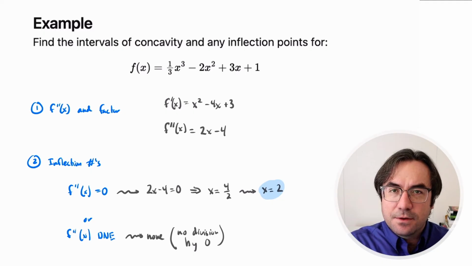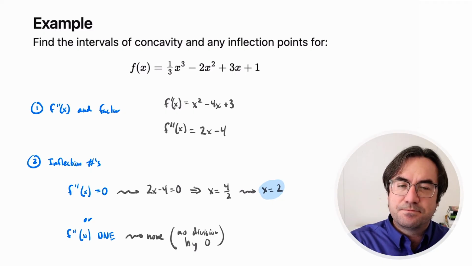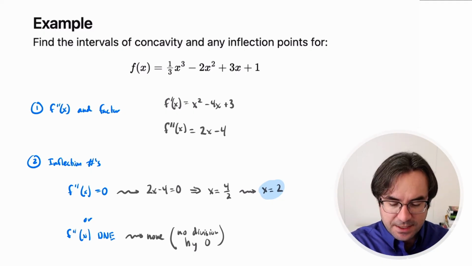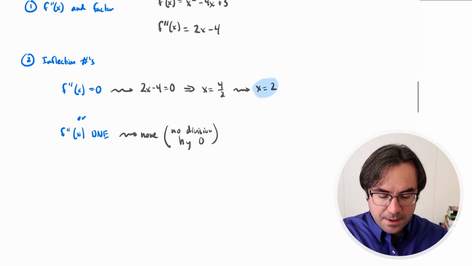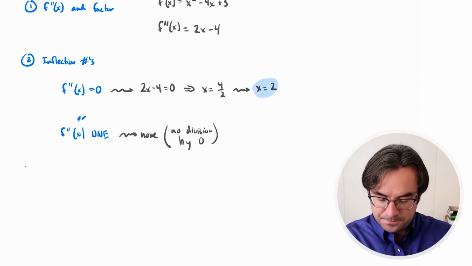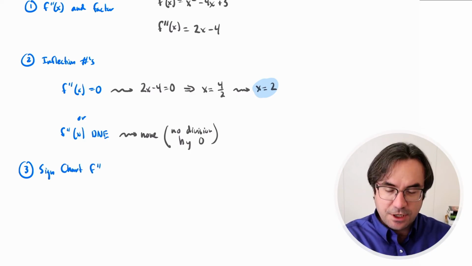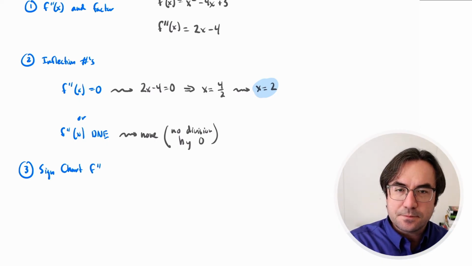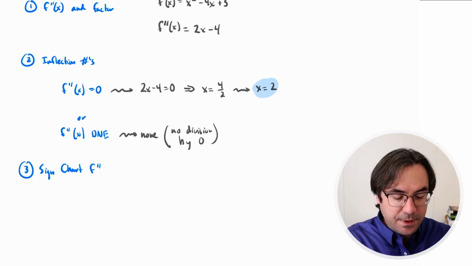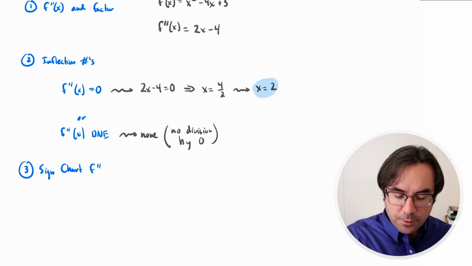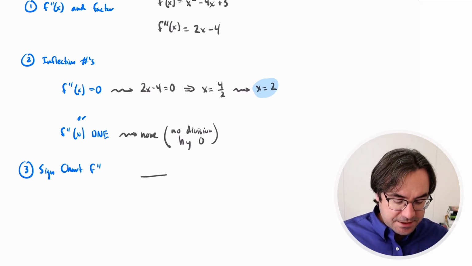All right, so now we want to do our sign chart. That's the next step. So we're going to do a sign chart for f double prime. Just like we did with our sign charts for f prime, we're going to start by drawing the x-axis.